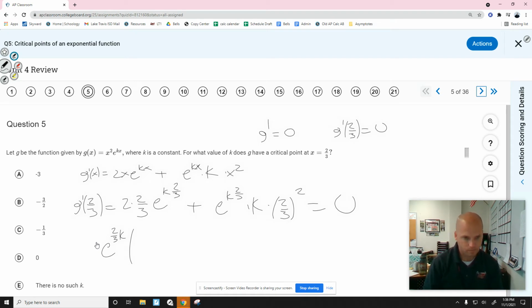It approaches 0. So what's left? I have 4/3 here, and then I have 4/9 k. And I'm going to solve this equation, which is this set equal to 0. Multiply by 9, divide by 4, k equals negative 3.